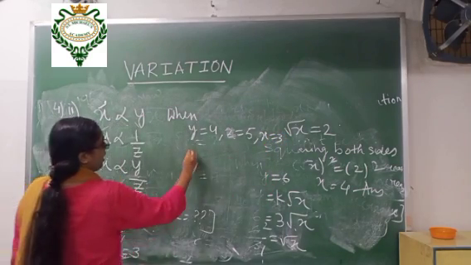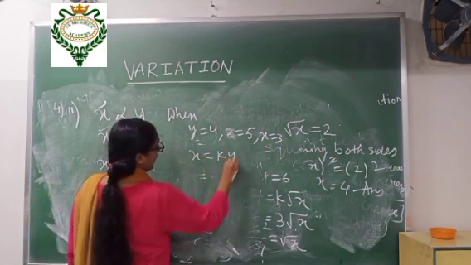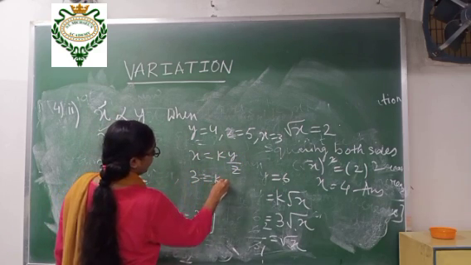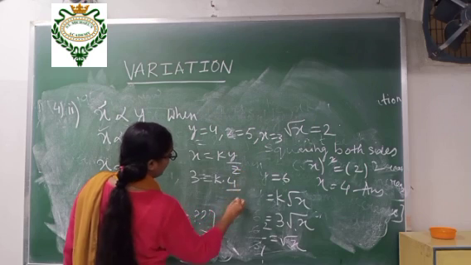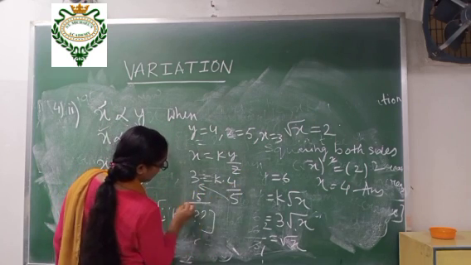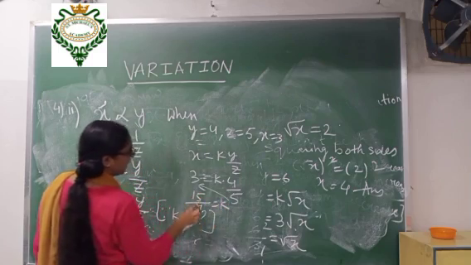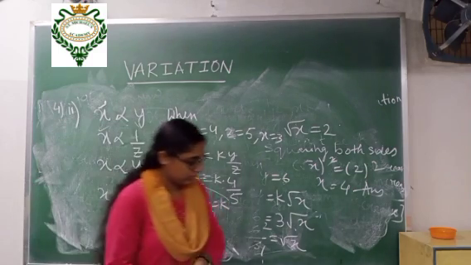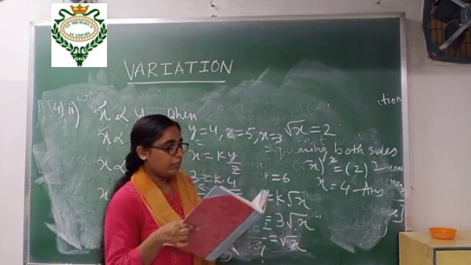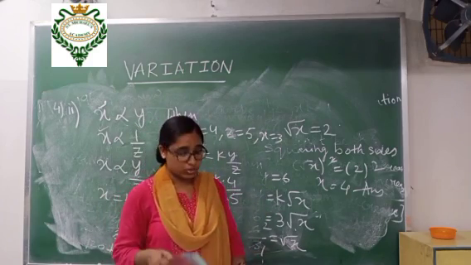You will write x = ky/z. The x value is 3, the y value is 4, the z value is 5. So 3 = k·4/5. Now cross multiplication: 5 threes are 15, this 4 will come down, which means the k value you are getting is 15/4.